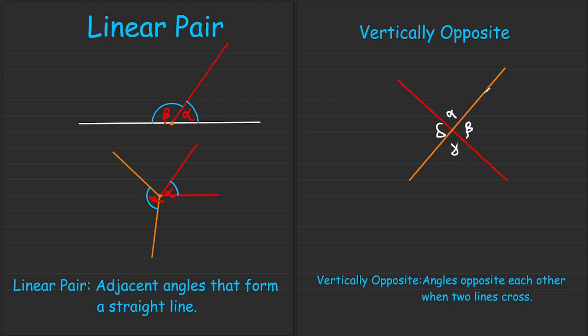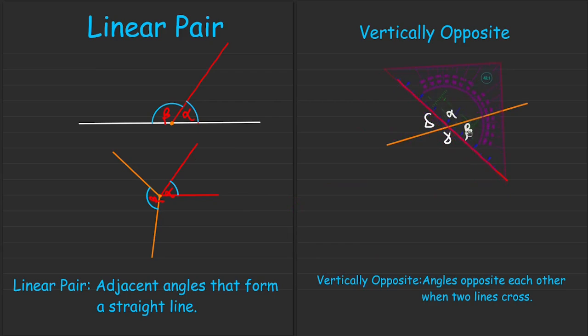Now, since it is an X, we can say the angle here that I've named alpha is opposite to what we have here as gamma. And then beta is also opposite to delta. Now, if you are to measure them, let's measure and see something.